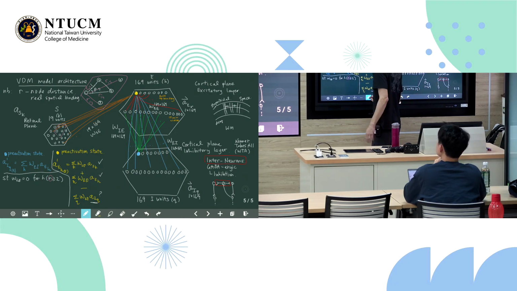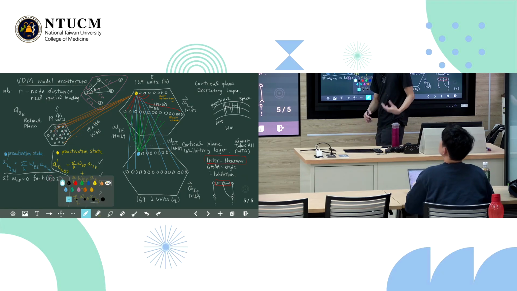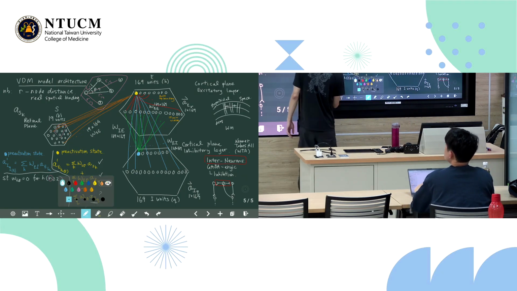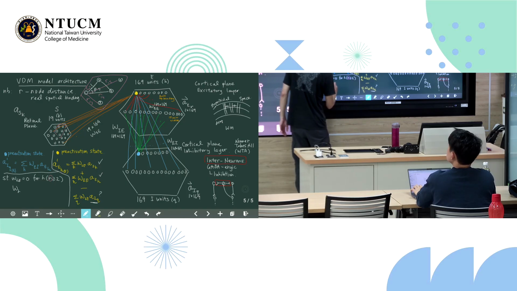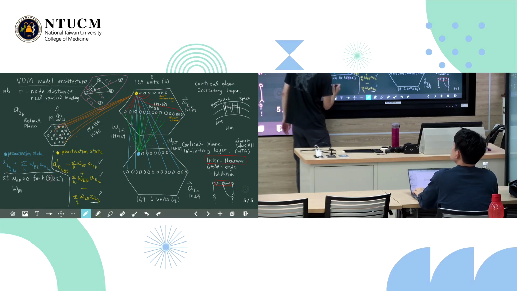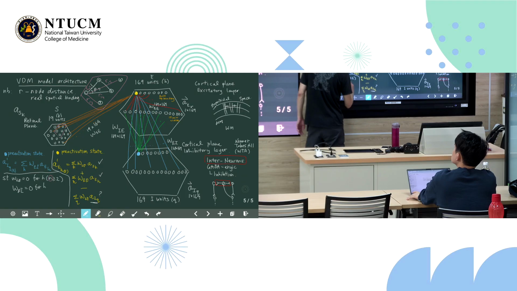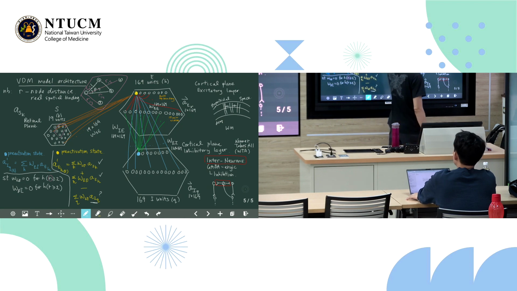Okay. Another one, such that WEI is also equal to 0 for R greater than or equal to 2, the same thing. So it applies to WEE and it also applies to WEI.